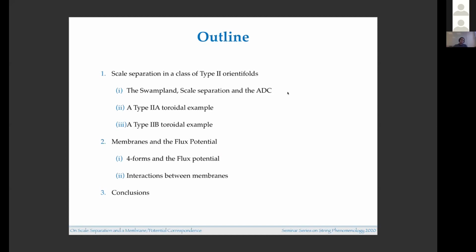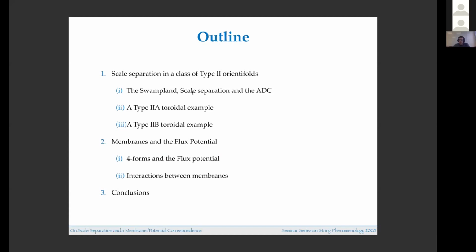And then I will present a couple of examples, a type 2A toroidal example and a type 2B toroidal example, in which the main message is to emphasize the importance of the 10-dimensional picture when trying to address these issues of scale separation in compactifications.